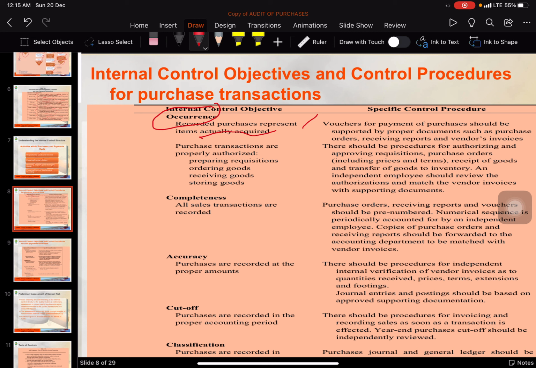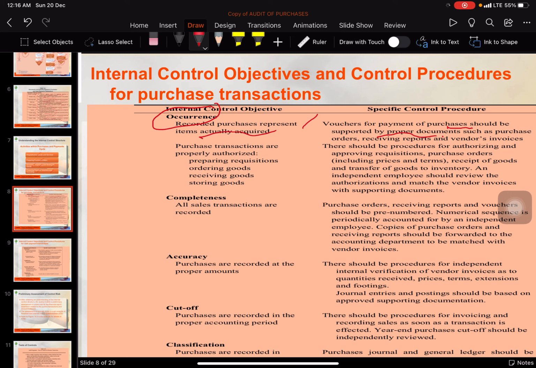So the specific control procedure they should have is that vouchers for payment of purchases should be supported by proper documentation. Like we can see just now, in order to make a payment to the creditors, they should have proper documentation, such as the purchase order and the receiving department, with all the items being authorized, so they can make the payment, to make sure that the things exist.